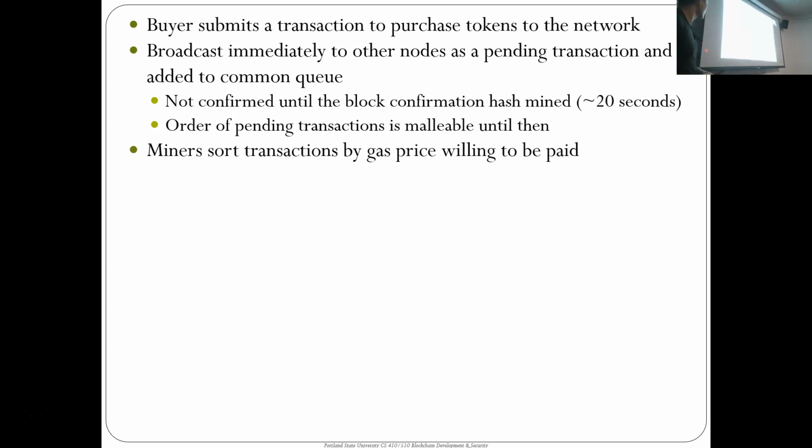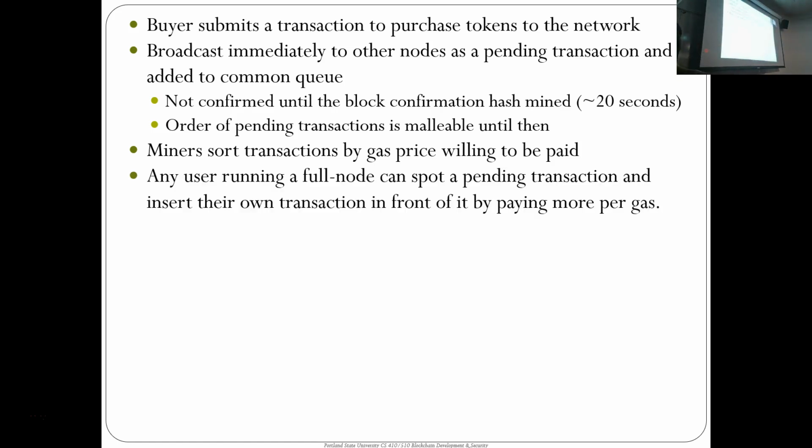The miners are continually sorting these transactions by gas price. Any user running a full node can spot a pending transaction going into Bancor and then insert one right before that. You can actually insert the buy and the sell before the subsequent buy by the client.